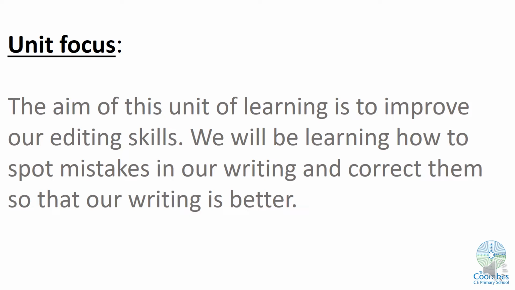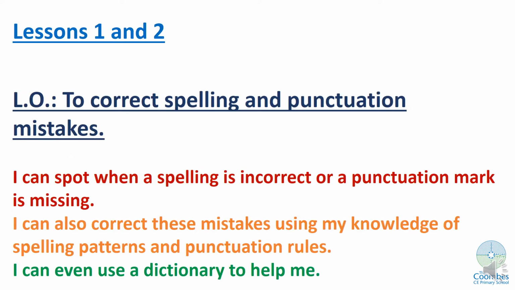The focus of this week's work is to improve our editing skills. We will be learning how to spot mistakes in our writing and correct them so that our writing is better. And our learning objective for lessons 1 and 2 is to correct spelling and punctuation mistakes.